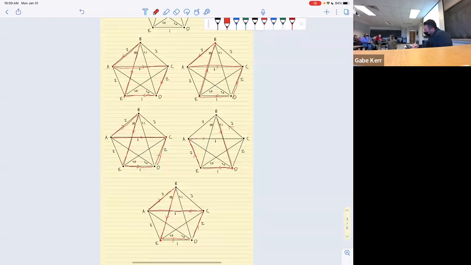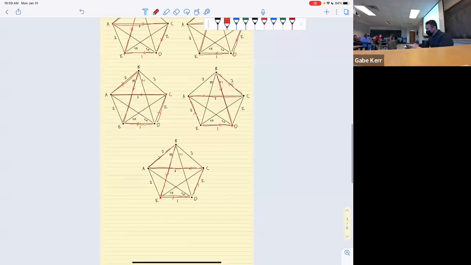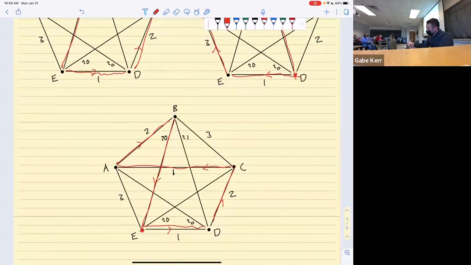But with the repetitive algorithm, what you want to do is calculate the lengths, the weights. So since I know 4 of them will have the same weight, I can just add for one of them and find that one weight. So let's do that for this last one. This weight would equal, I started at E, so it's going to be 1 plus 2 plus 1 plus 2 plus 20.